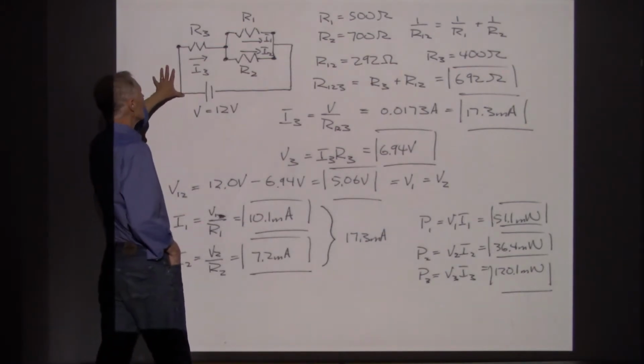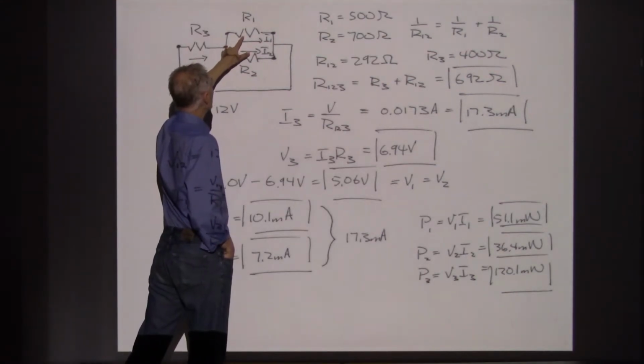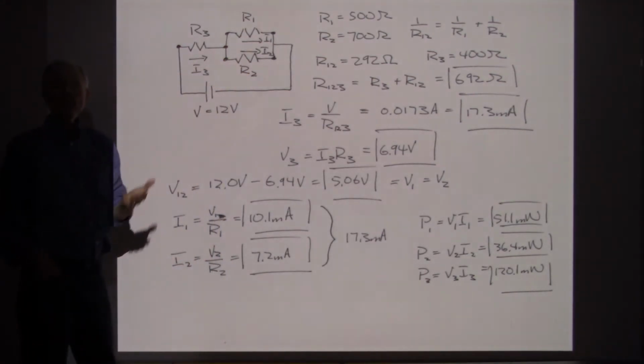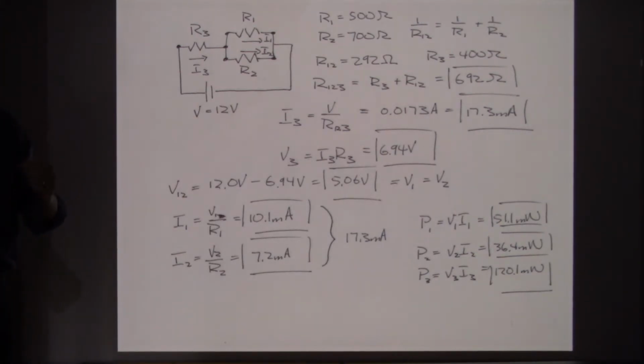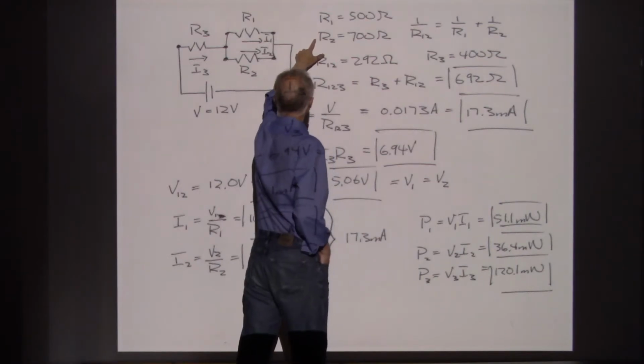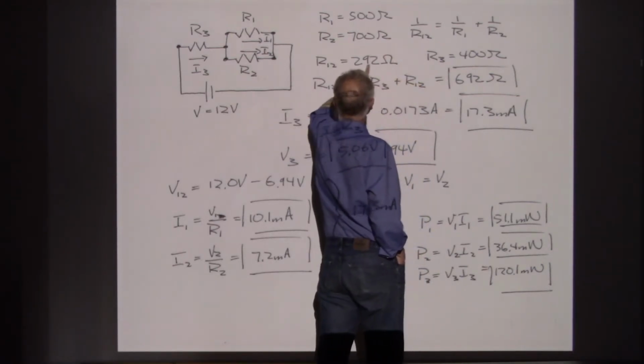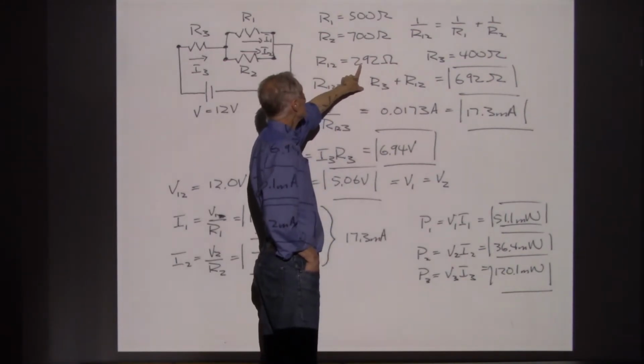What I'm going to do is start off with this circuit, and initially what I notice is that R1 and R2 are in parallel. So R1 and R2 can be combined in parallel. None of the other resistors are in direct parallel or series, so I'm specifically going to start with R1 and R2. I'm going to use the formula that we derived for resistors in parallel, and it tells me that the overall resistance here is 292 ohms.